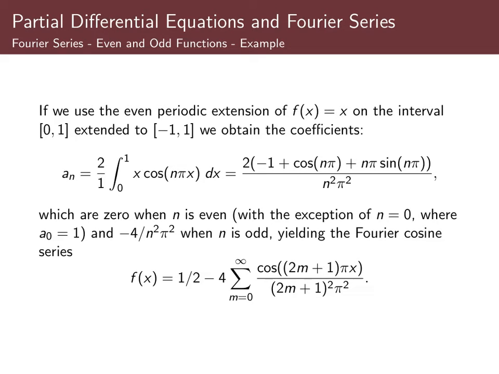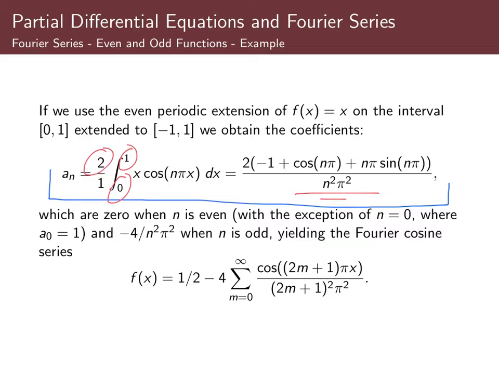So we extend it to -1 to 1, and we know that since it's even, only the cosine terms will be non-zero. We go ahead and find those terms using this integral here. Notice again we're only integrating from 0 to 1 because it's even. We multiply that by 2. We end up with this expression, which is 0 when n is even, right?